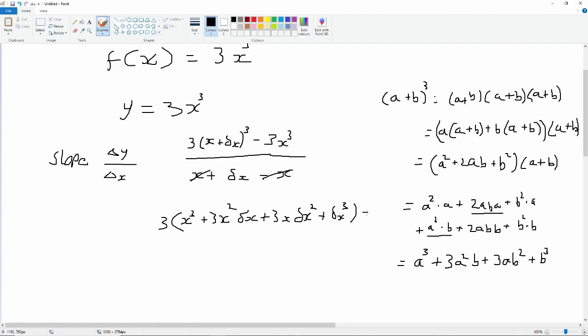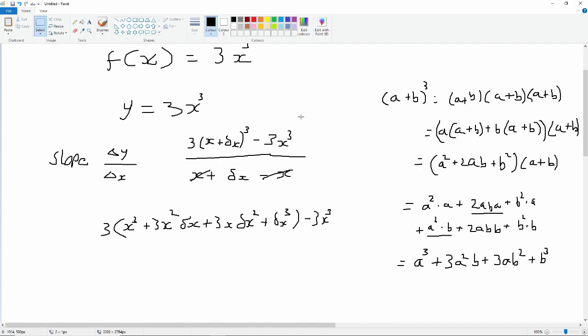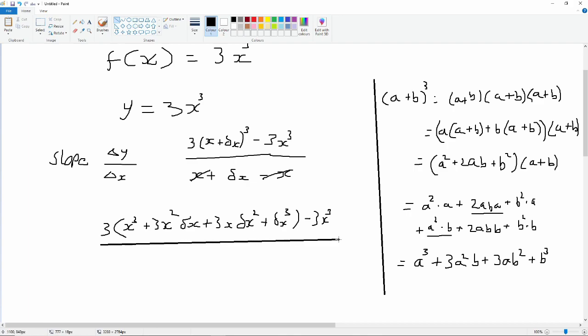And then that has to be minus 3x cubed. And let's move this over so that it looks a little bit neater, otherwise we might get confused. I'm going to put a line there so that we know that that's separate. And all this is divided by delta x. And you know what, I forgot something important.